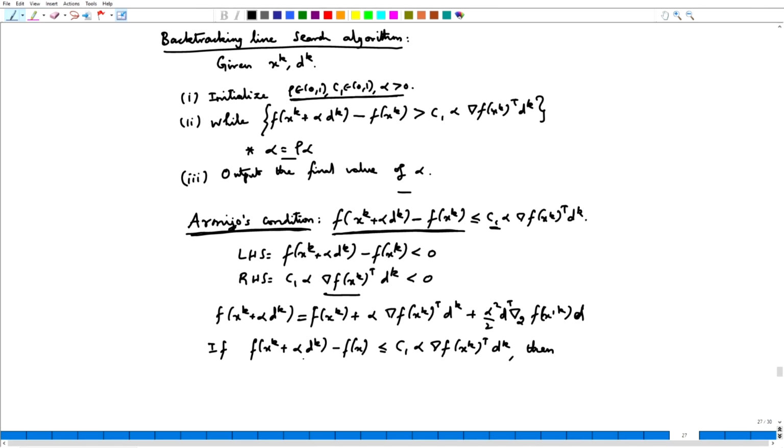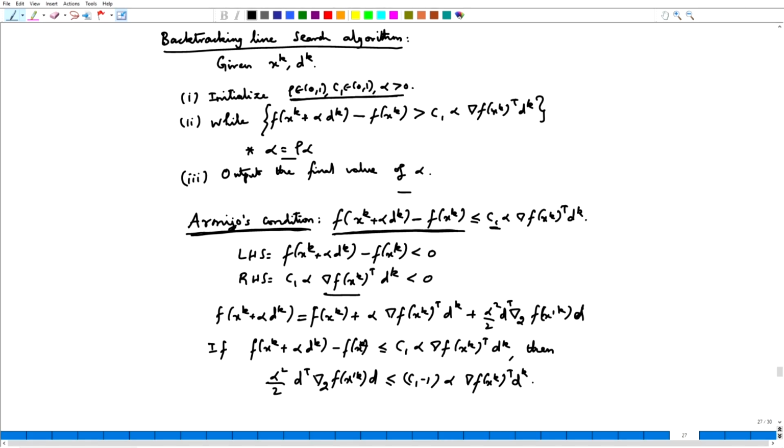Substitute f of x k plus alpha d k minus f of x k with this expansion. Then you get alpha squared by 2 d transpose del 2 f of x dash k d is less than or equal to C1 minus 1 times alpha del f of x k transpose d k.